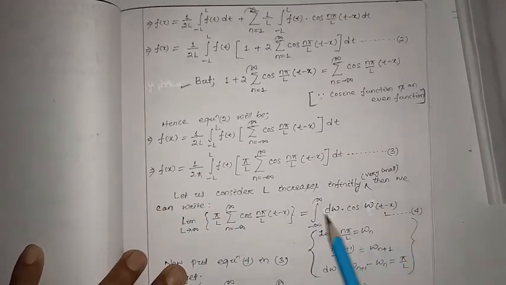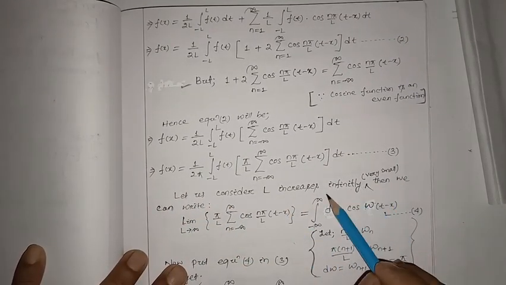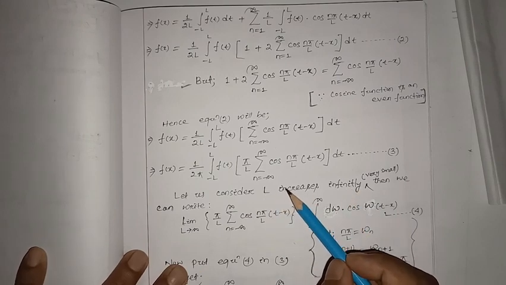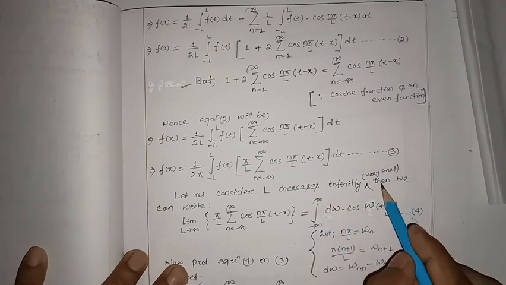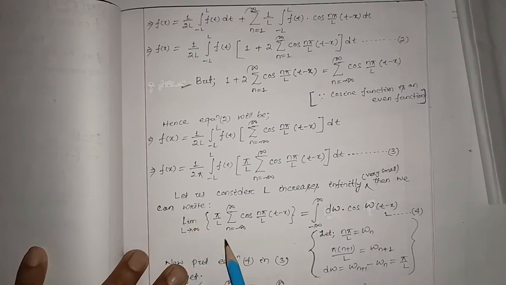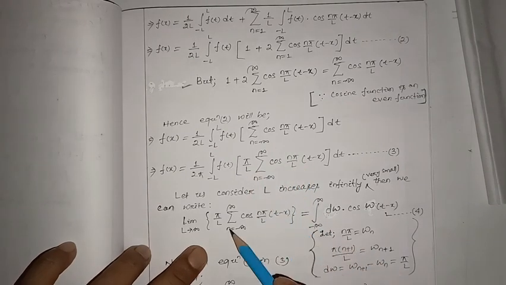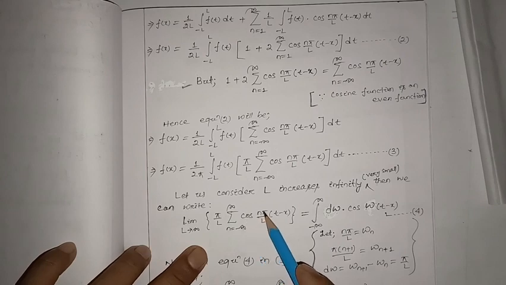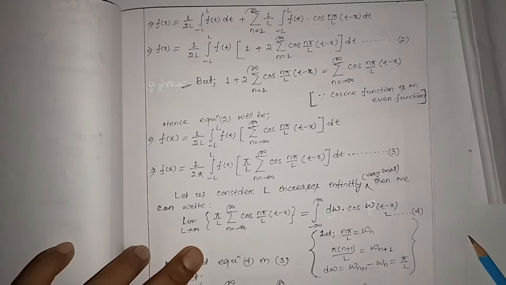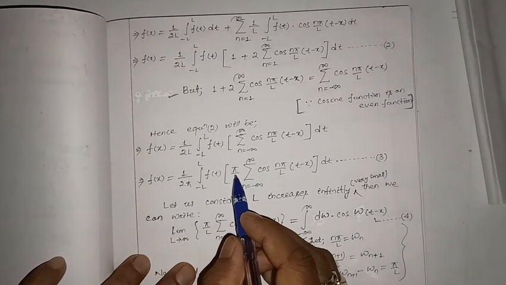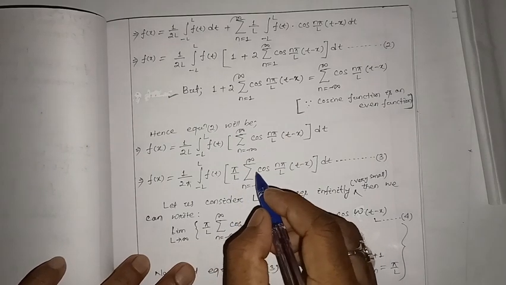Let us consider L increases infinitely, that means L increasing by very small unit, then we can write this factor pi by L, summation from minus infinity to plus infinity of cos(n pi by L into (t minus x)). Here I made one simple mistake: L is there, that means pi by L should be inside this summation.